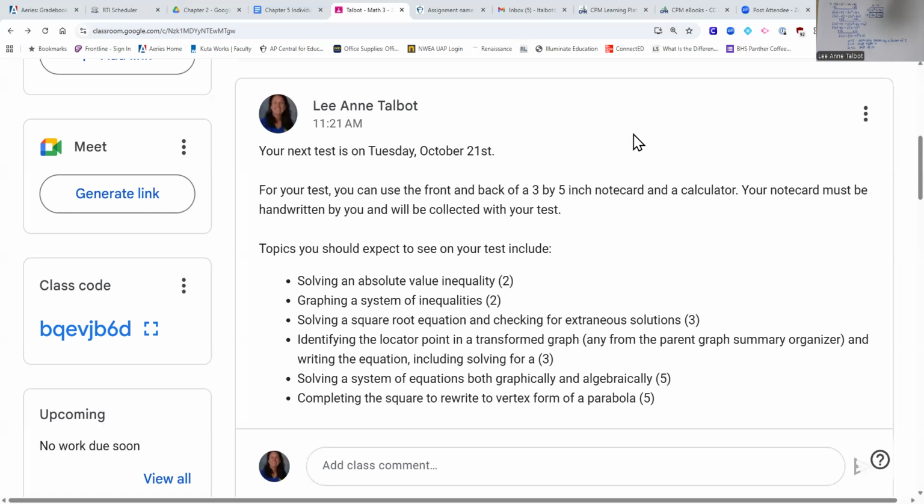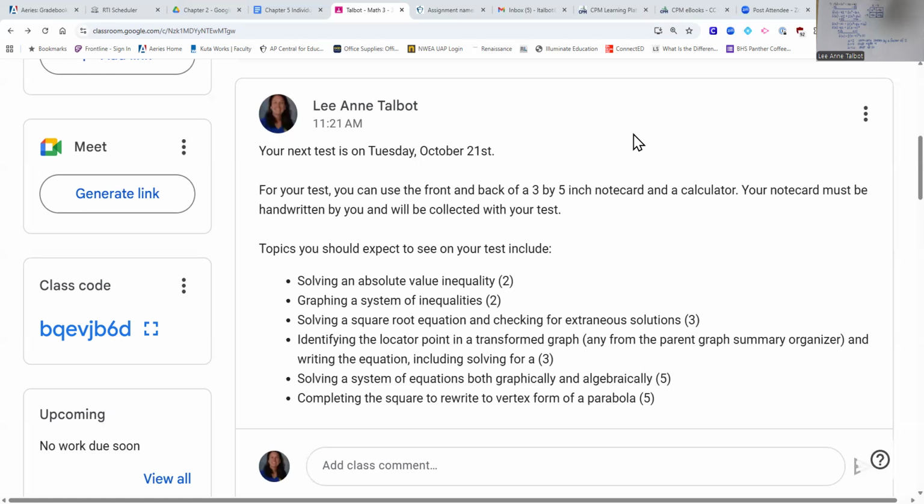I identify H, K, plug in H, K, X, Y, solve for A, and then write the equation. It's going to have a picture. So on your note card, I would put the type, then just a little sketch of what it looks like, and then the locator point, and then the equation. You don't need domain, range, I mean, you're into that stuff.